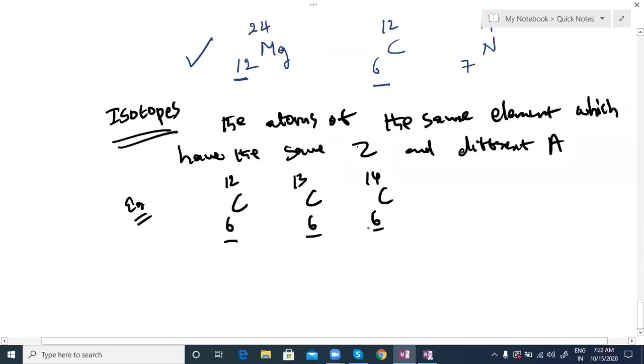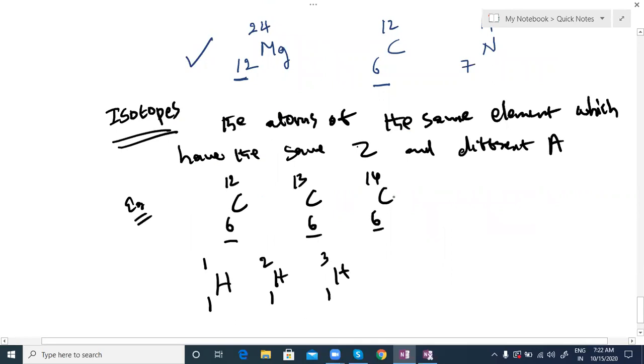These are the examples. You can write different elements. They asked this recently in the JEE exam also. Hydrogen isotopes: 1, 2, 3.